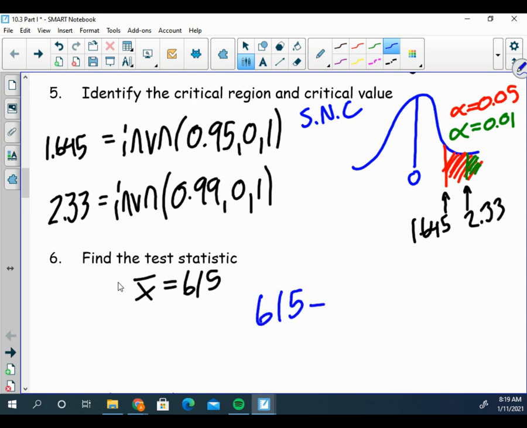We transition it, again, if you've forgotten, using this formula. That's how we find where 615 is on this curve.